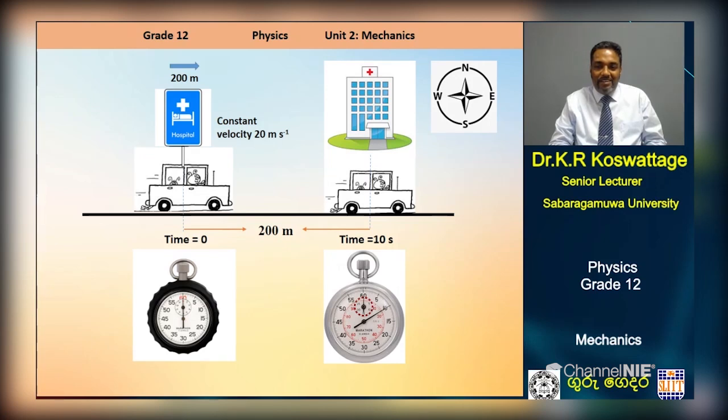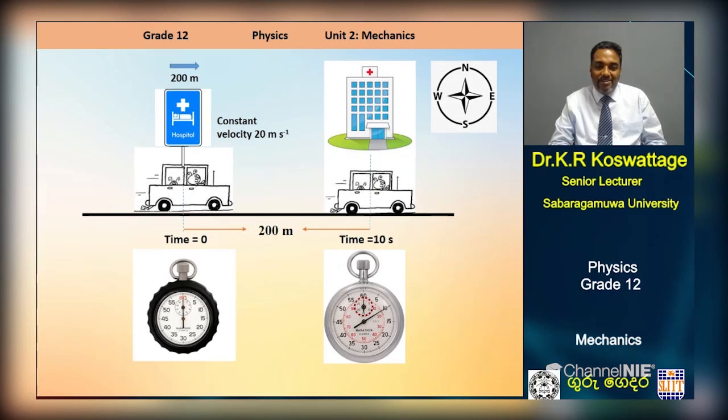Here, the car is moving with a constant velocity of 20 m s^-1 towards the west, and the time taken for the 200 meters displacement westward is 10 seconds. Then we can say the motion of the car is fully described under this situation.